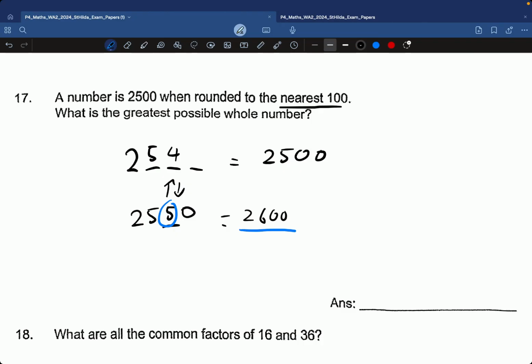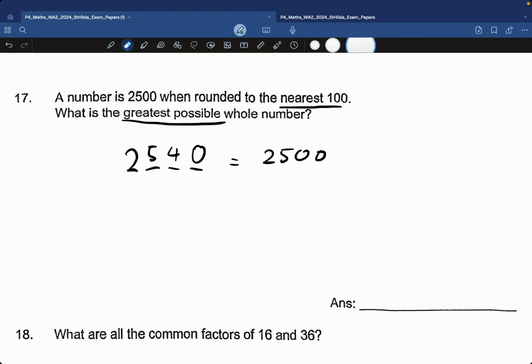All right. So is the answer 2,540? No, right? Because it says here greatest possible number. So there is a number over here at the ones digit that is the highest possible number. Can you guess? If your answer is 9, then you are right.